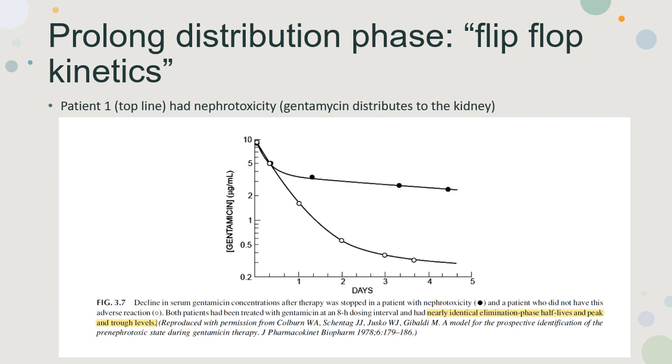Let's look at the normal patient first. It's almost like 2 days of distribution, and then your elimination levels out. What's happening is the kidney is clearing it, but actually the tissue of the kidney is absorbing it, and that's why it's nephrotoxic. And it gets saturated at about 3 days.